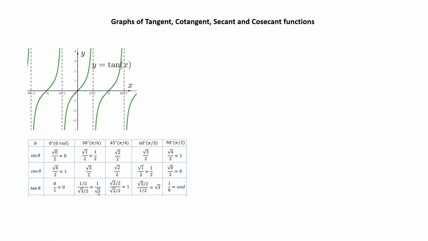What does that turn out to be? Well, square root of 3 is about 1.732, and when I divide that by 3, it is about 0.57, something like that. So at x equals pi sixths, this has a value of 0.57.